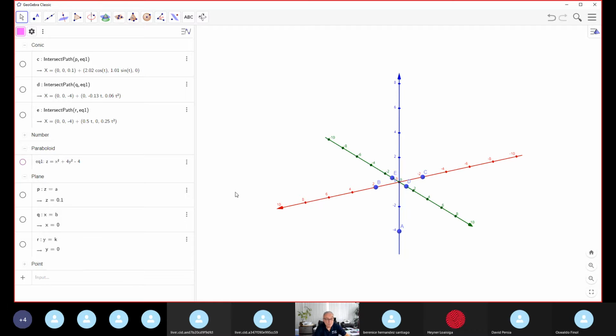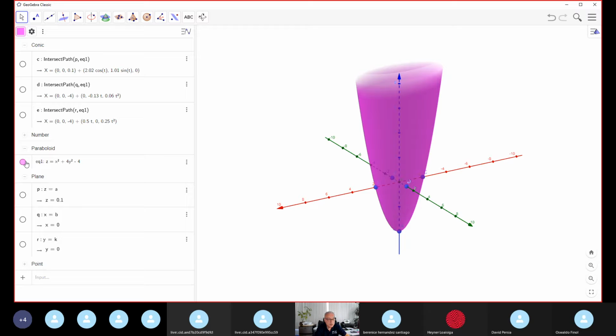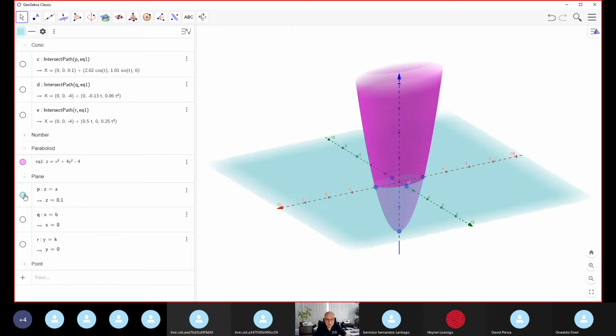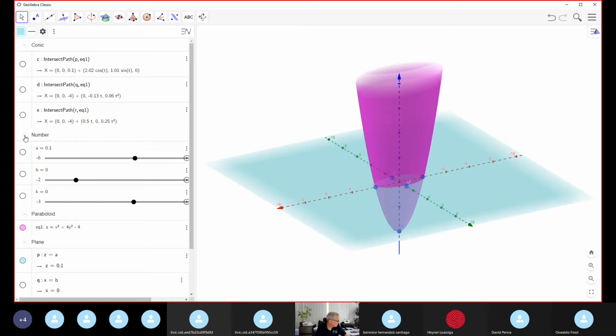Now let me restore the elliptical paraboloid. And you see, for example, the plane is c equals 8, and 8 is not 0. Here I create a slider, guys.